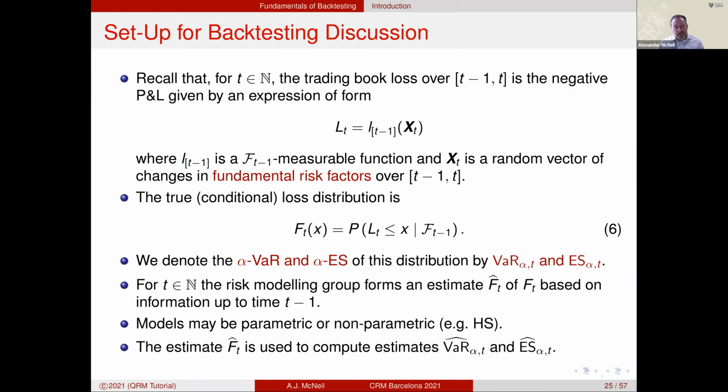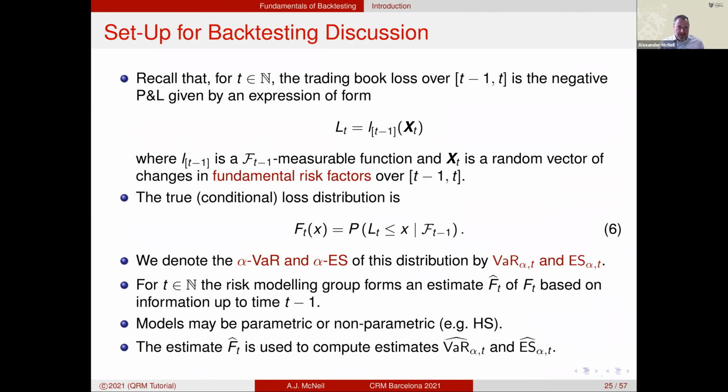The historical simulation method, which is extremely widely used in practice by probably 75% of banks, if not more, is actually a non-parametric method using resampling or bootstrapping of past data. So it could be such a distribution, or it could be something parametric using a Monte Carlo method. And if we have estimated the distribution, then we can use that to estimate the value at risk. That is VaR hat, and we can use it to estimate the expected shortfall. That is ES hat.